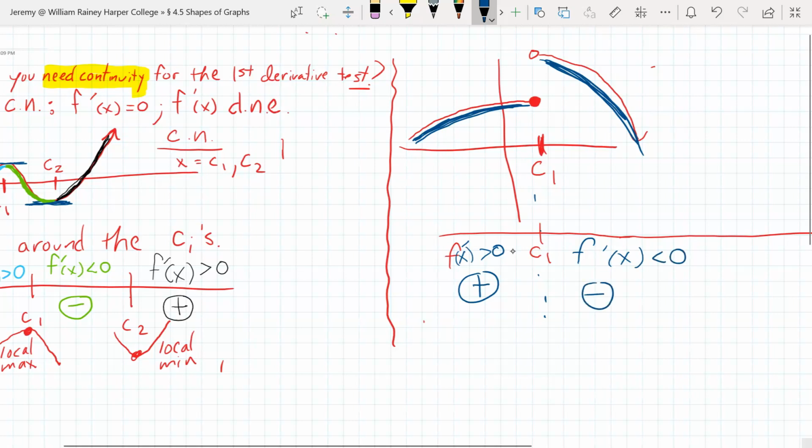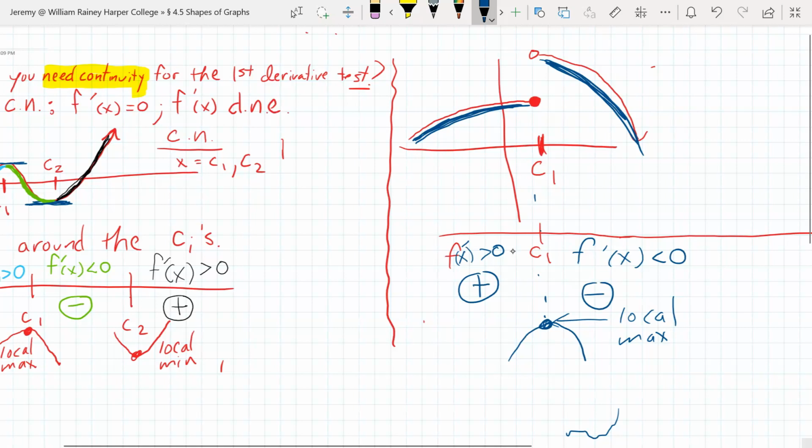Now notice across the critical number, the derivative switches sign. So here, positive to negative, so that would suggest I'd have a local maximum at c1, f of c1.